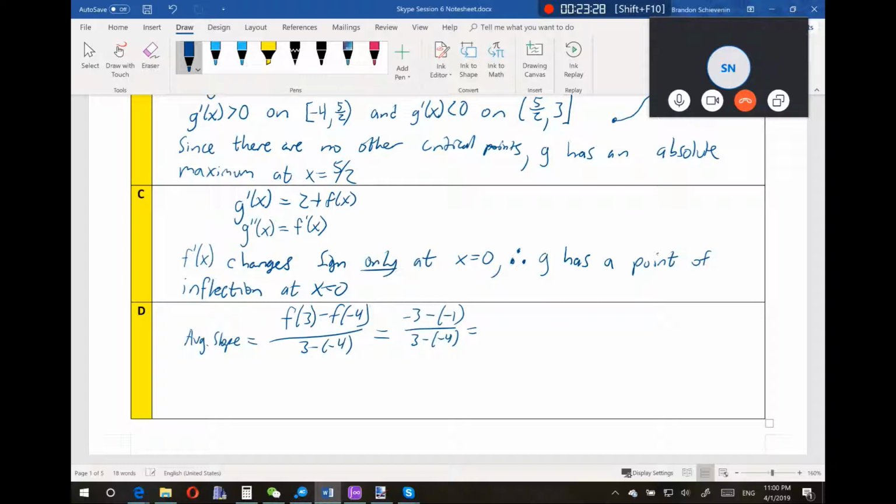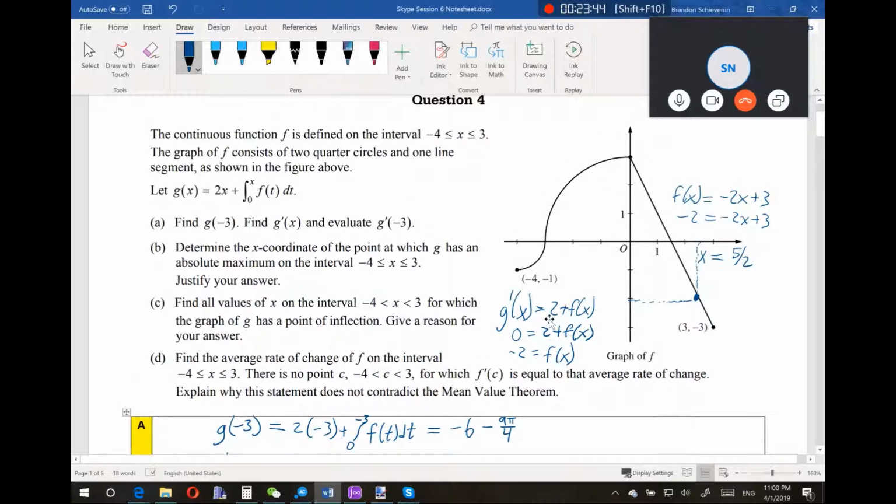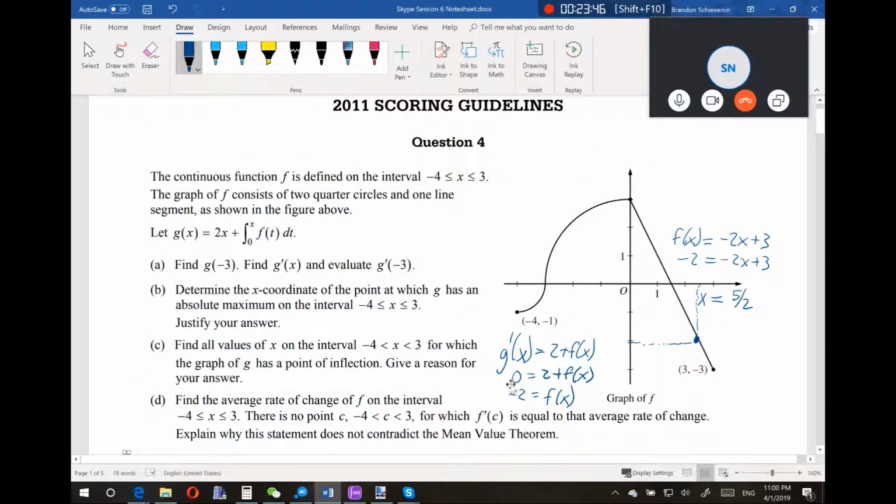Oh wait, no. -2/7. That's good. Okay, and then last part, we need to explain why, even though there is no point between x equals -4 and x equals 3 where the derivative is equal to that slope, why does this not contradict the mean value theorem?